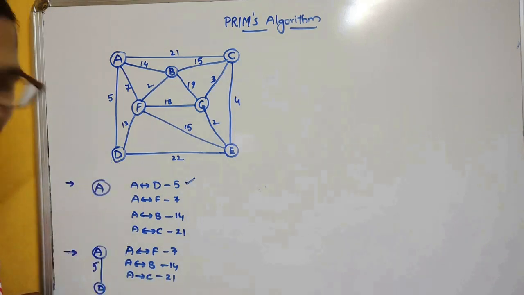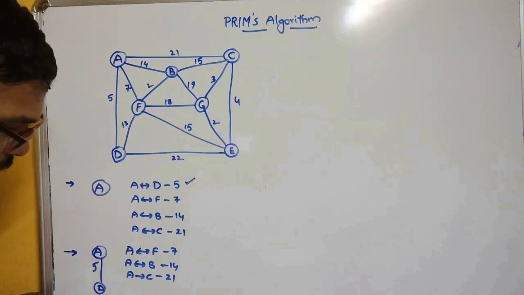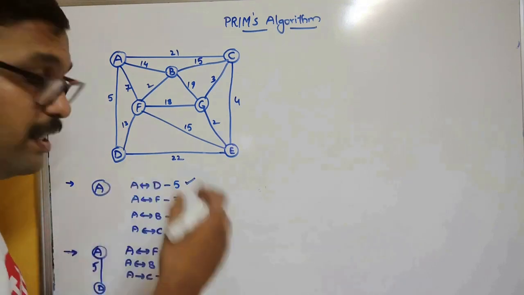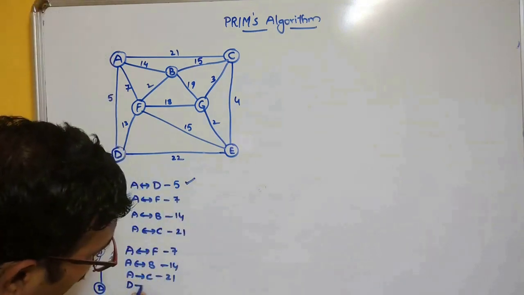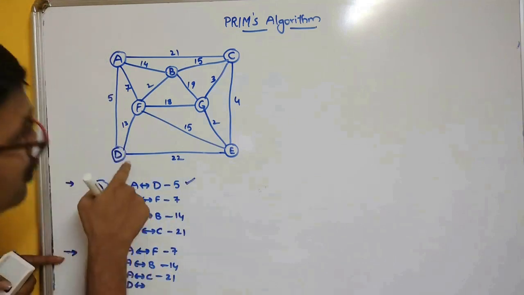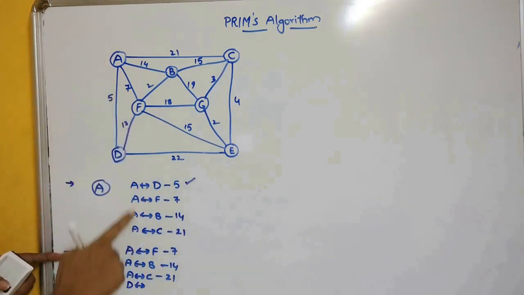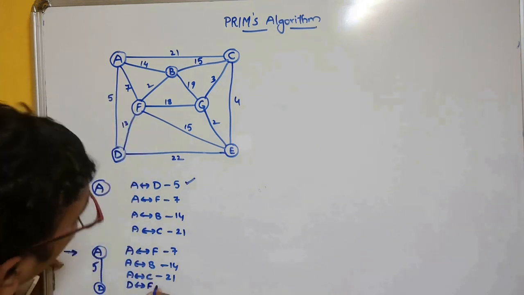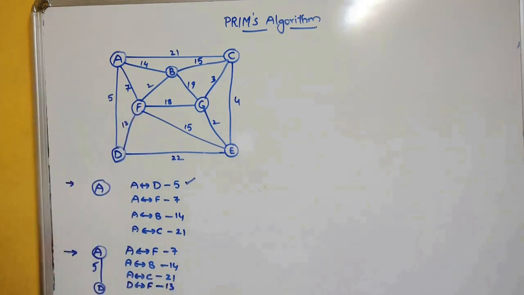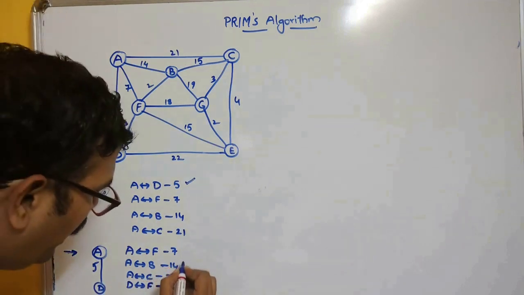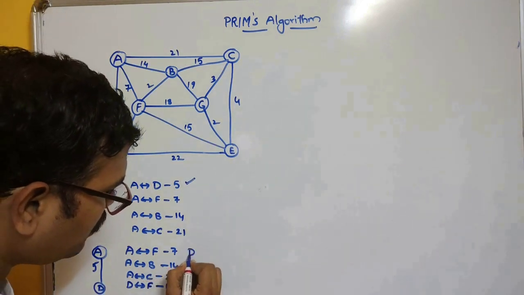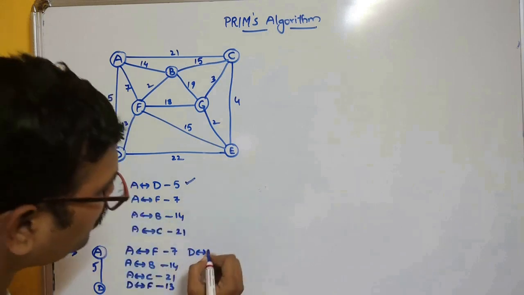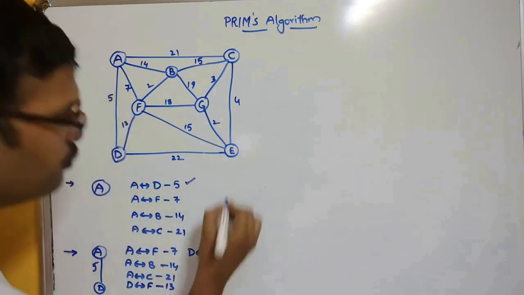Now, consider the edges from D, because D is the new vertex included in our tree. So write down the edges from D. Two edges are there: D to A, already done, D to F with 13 and D to E with 22.